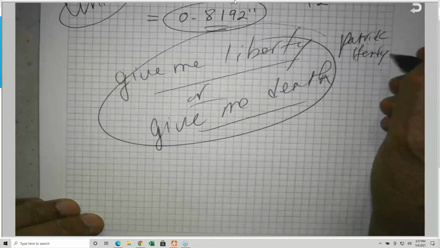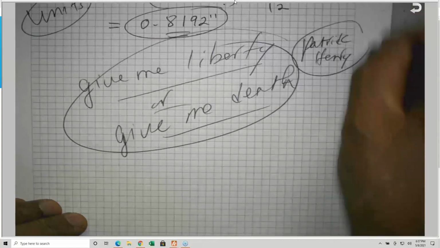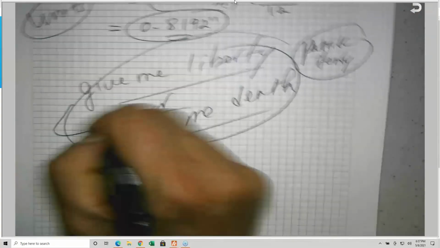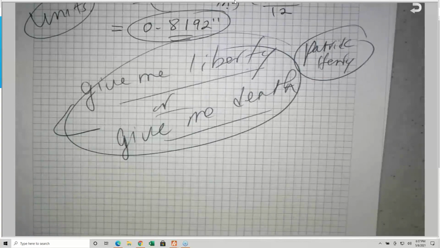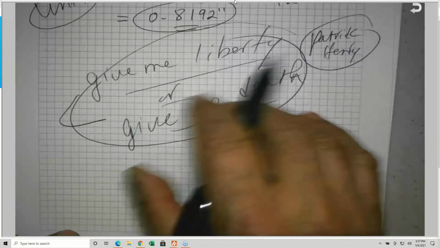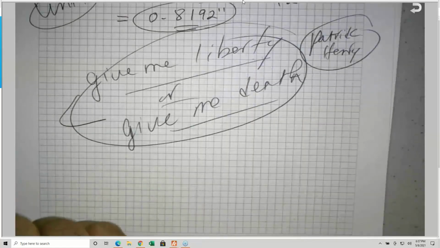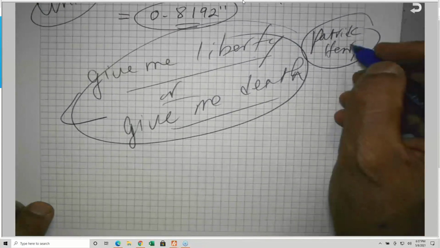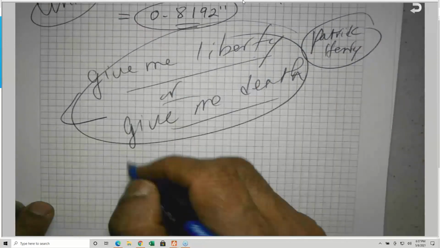Okay. I joke with the engineers. I used to work with them. When I'm not feeling well, I modified Patrick Henry's statement. He said, give me liberty.